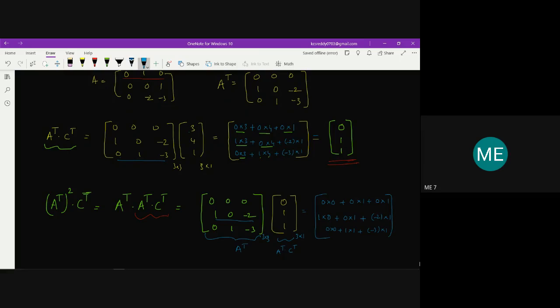The first element is 0. The second is 0 plus 0 plus minus 2 into 1, so minus 2. The third is 0 plus 1 plus minus 3, so I get minus 2. So 0, minus 2, minus 2 are the elements of A transpose whole square into C transpose. Now I'll write the Q naught matrix, or Q observable matrix.